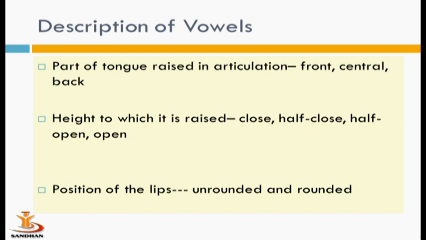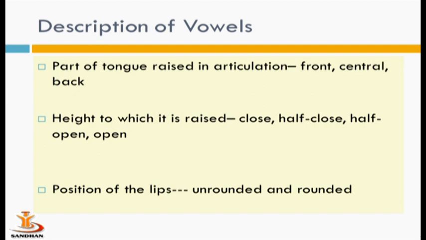So, to go back to our description of vowels, the part of the tongue that is raised in articulation: which part of the tongue are you raising? Front, central, or back? Think of dividing your tongue into 3 parts: the front of the tongue, the center of the tongue, and the back of the tongue.